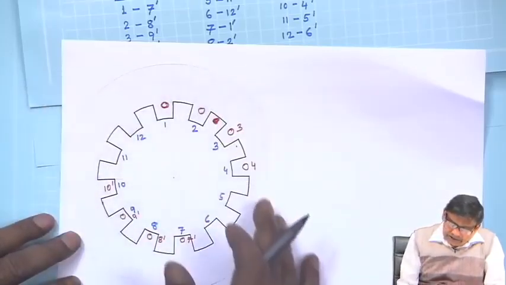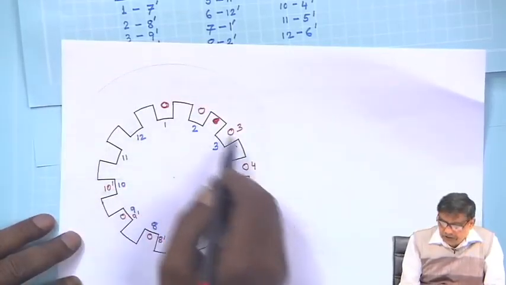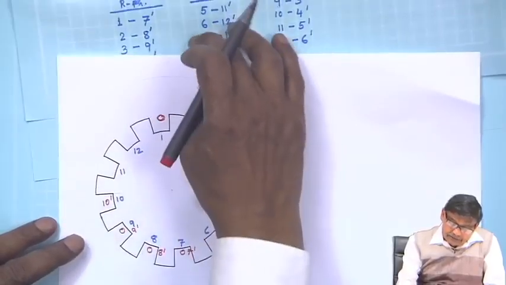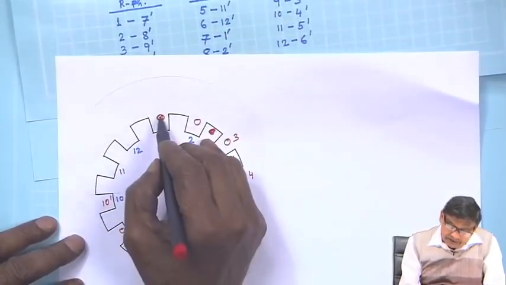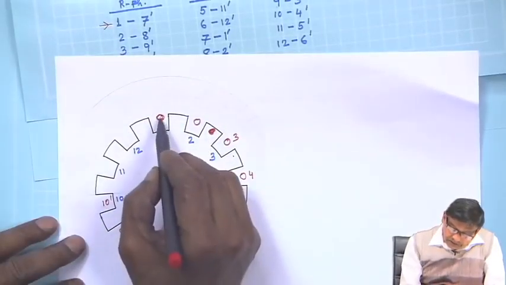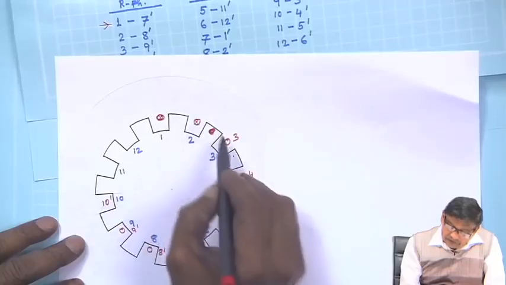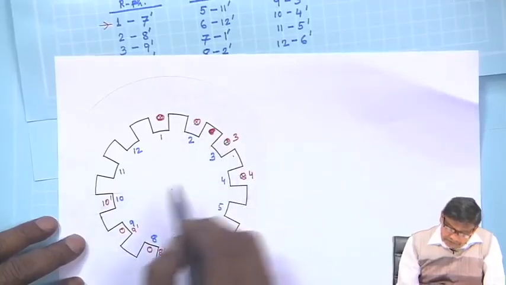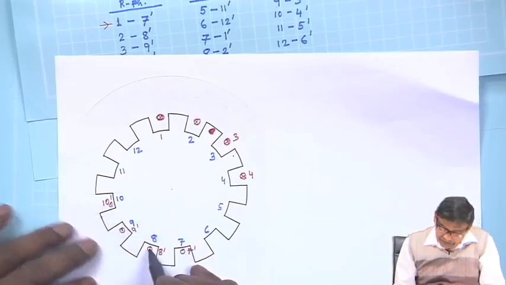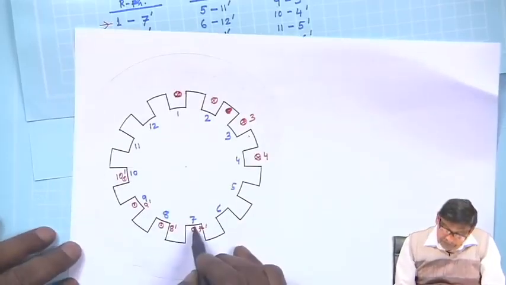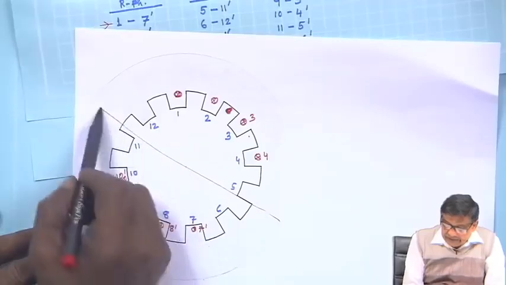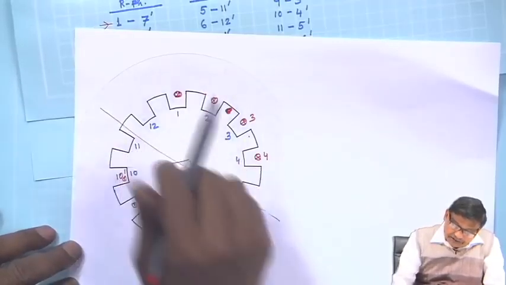So, 2 poles are there, under 2 poles all the coils have been distributed, and if they carry current, suppose these are carrying cross current, through the one current I am allowing to enter. Therefore, these will be all cross, cross, cross, cross, others will be dot, dot, dot and dot, and as expected 2 poles will be produced like this, lines of forces will be like this.